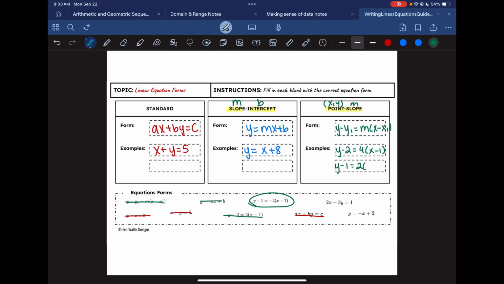Y minus 1 equals negative 2 times x minus 7. Okay, and then we have this one, 2x plus 3y equals 1. That looks like standard form, so let's write it over here. And then we have the last one, which is y equals negative x plus 2. That will go with the slope-intercept form.